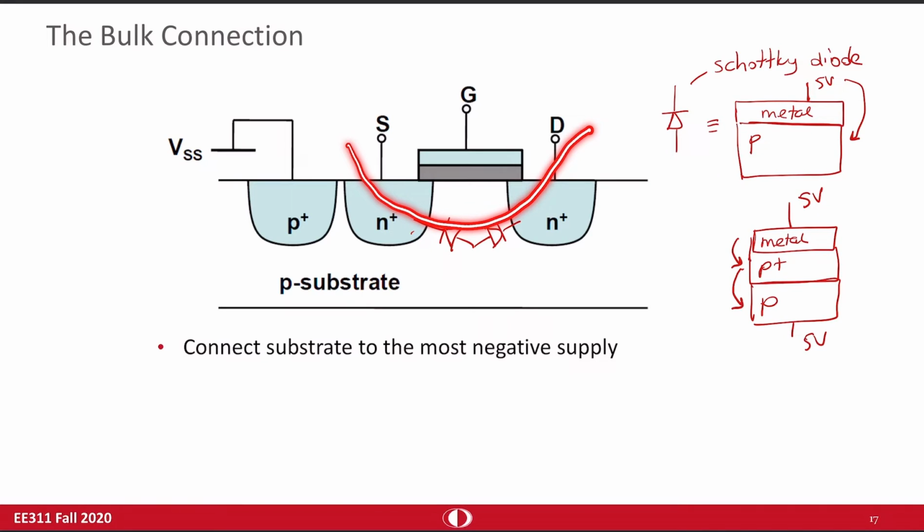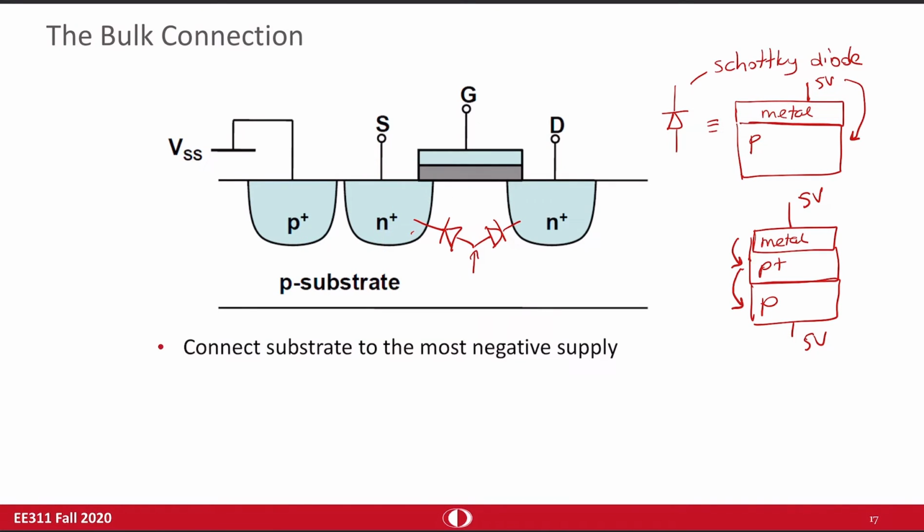The other thing is, one end of this diode is connected to the substrate. So you want to keep these diodes off during the operation. To be able to keep them off, you apply a very negative potential to the substrate, and you ensure that there is no leakage from drain to bulk. There is no leakage from source to bulk at the same time by keeping these two diodes off.